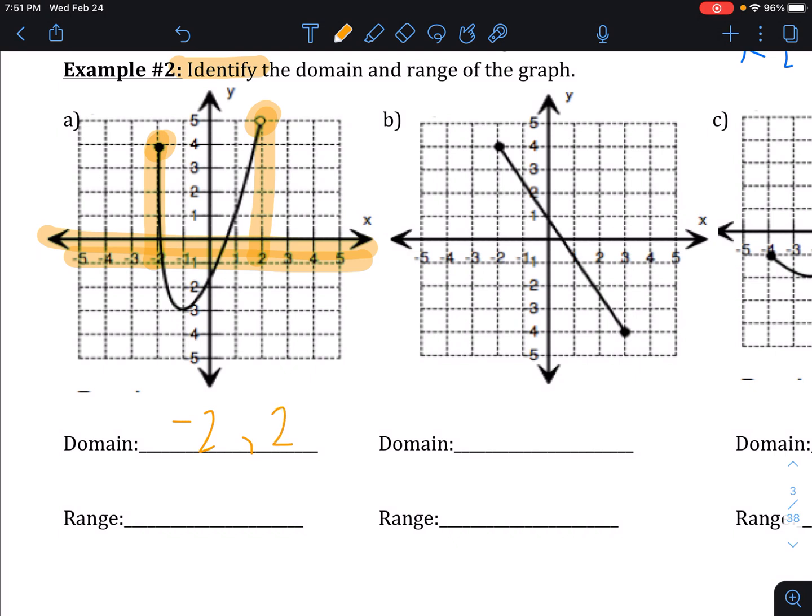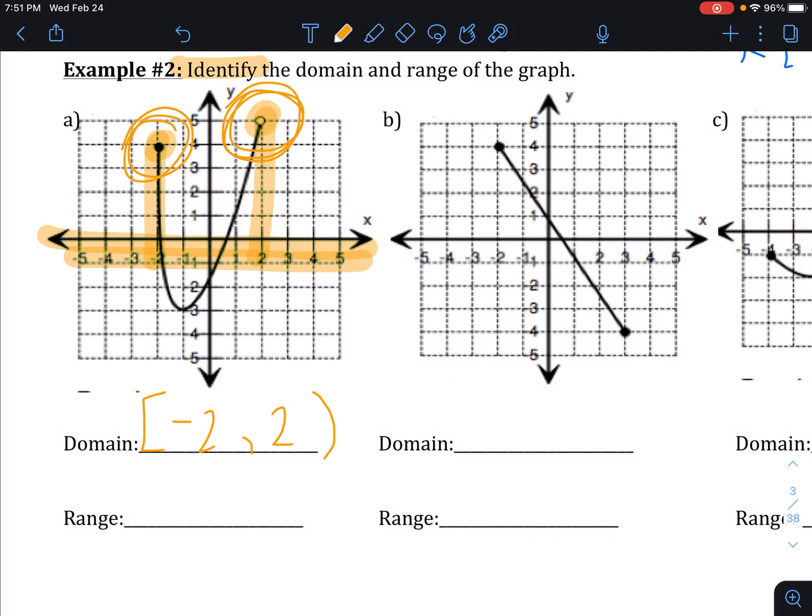Now, I am going to put a square bracket because there's a closed circle. That means it includes the -2. The positive 2, however, is going to get a parenthesis because this side has an open circle.